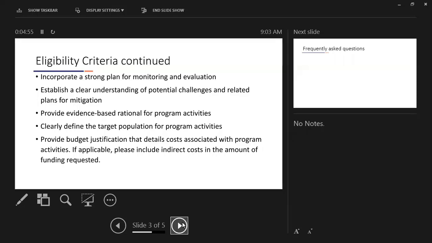Lastly, you must provide budget justification that details the costs associated with program activities. Where applicable, please include indirect costs in the amount of funding requested. The indirect costs should be included in the total amount that you're requesting. If you have any specific questions about the indirect costs, please email support@lincscommunity.org.